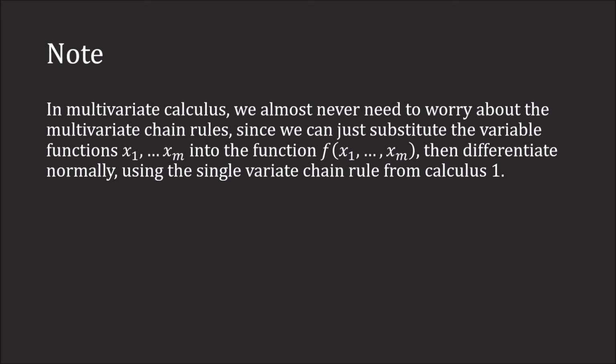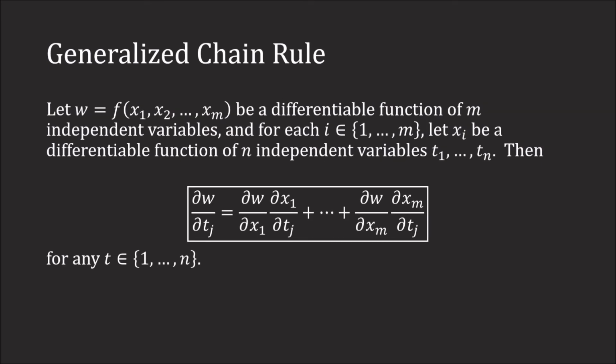So instead of doing this, why don't we just replace x sub 1 with x of t sub 1, x sub 2 with x of t sub 2, and so on, and then we're just writing w as a function of t sub 1, t sub 2, up through t sub n. So we rarely ever have to worry about these chain rules.